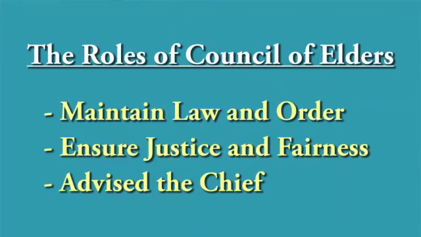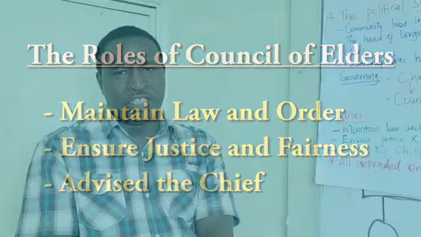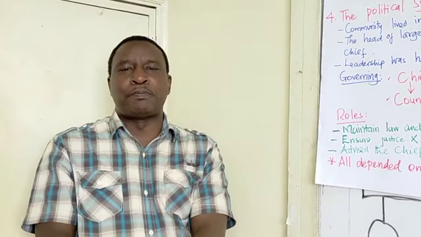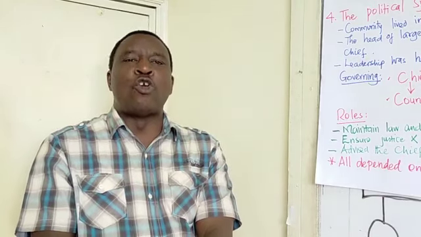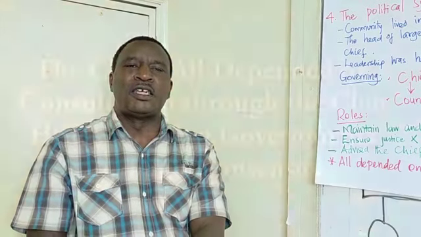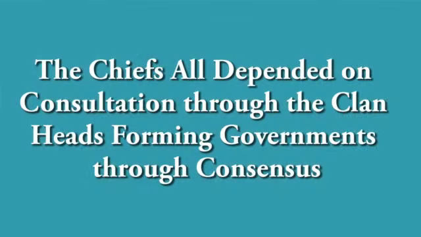Besides advising the chief, they were also in charge of maintaining law and order, as well as ensuring justice and fairness in the community. The chief did not make rules alone or major decisions alone, and he had to consult with the clans through their heads, and this became known as government through consensus.